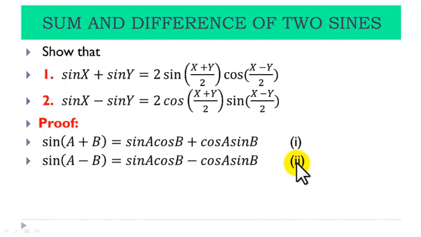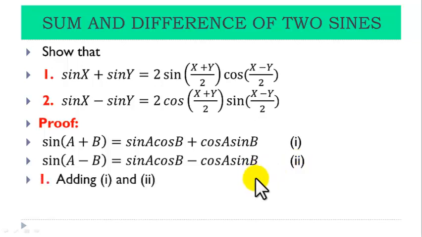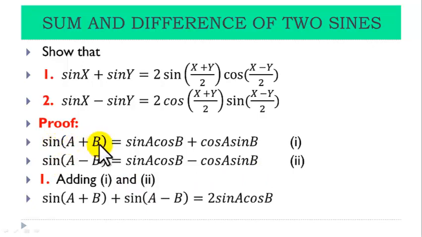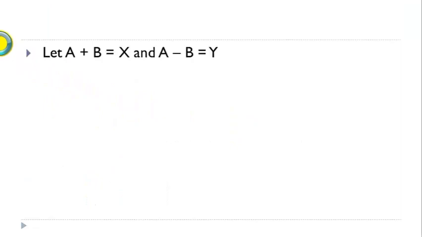For number 1, let us add equations 1 and 2 to obtain sin(A plus B) plus sin(A minus B) equal to 2 sin A cos B, since cos A sin B minus cos A sin B will cancel out. Now, let A plus B equal x and A minus B equal y.